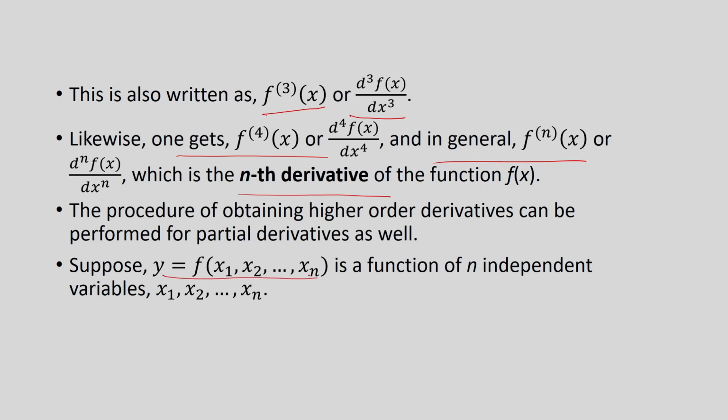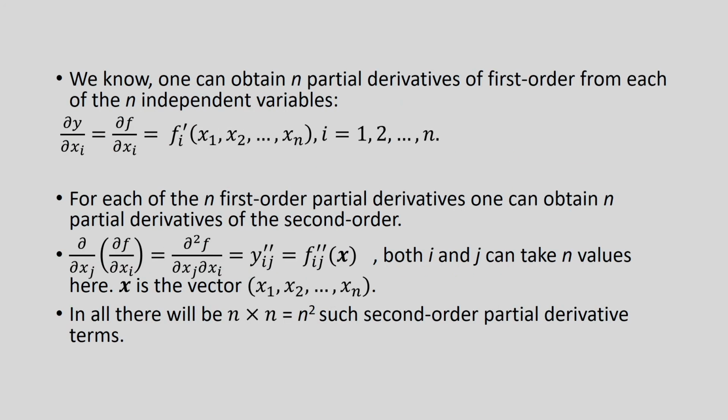a general case. Suppose y = f(x₁, x₂, ..., xₙ) is a function of n independent variables, and these variables are x₁, x₂, ..., xₙ. Now, we know one can obtain n partial derivatives of first order from each of the n independent variables.